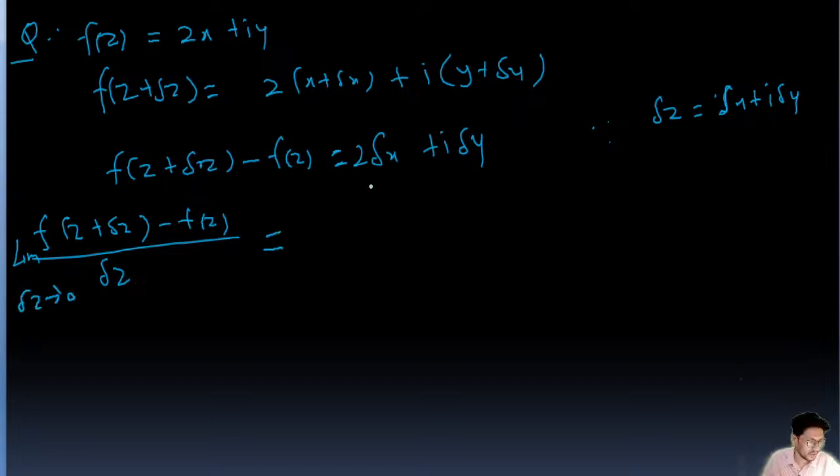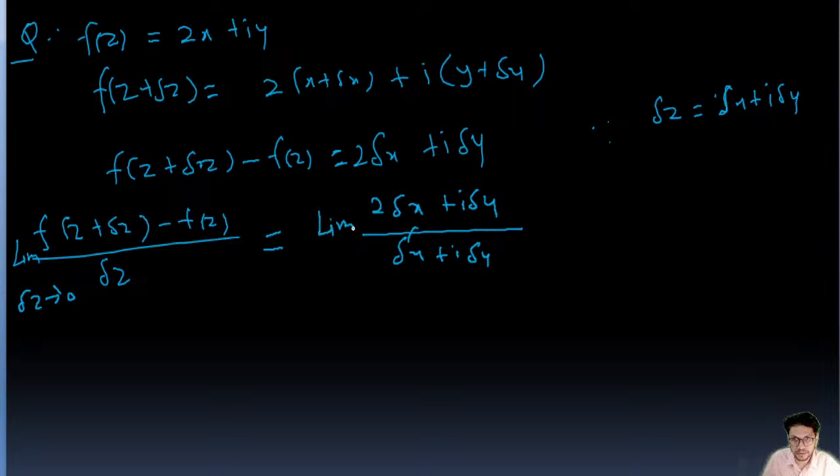This is going to be 2 delta x plus iota delta y upon delta x plus iota delta y, and limit delta x tends to 0 and delta y tends to 0. Now we'll put delta y equal to m delta x. This value we will put, right?